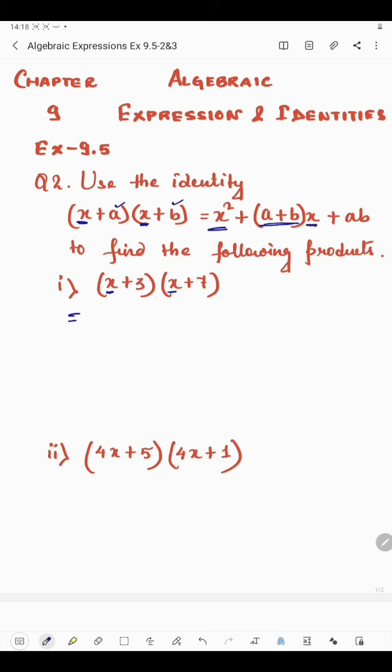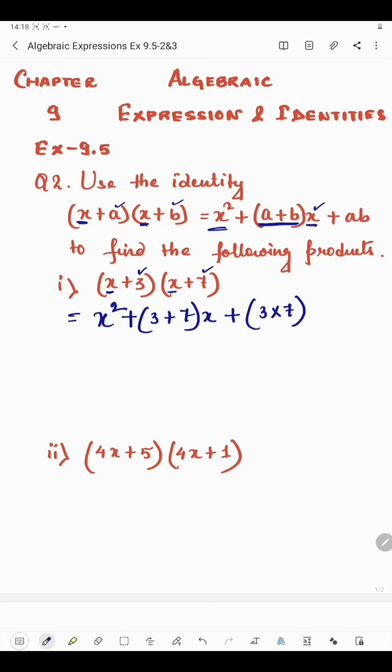So we'll write the square of the first term, which is x square, plus the sum of the two different terms. The two different terms are 3 and 7, so we'll write the sum of this, multiplied by the first term, which is x here, plus the product of the two different terms, so it's 3 into 7.